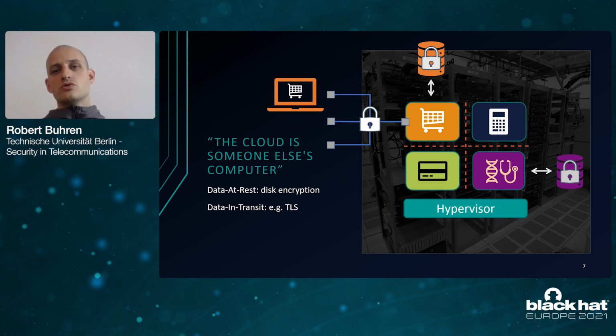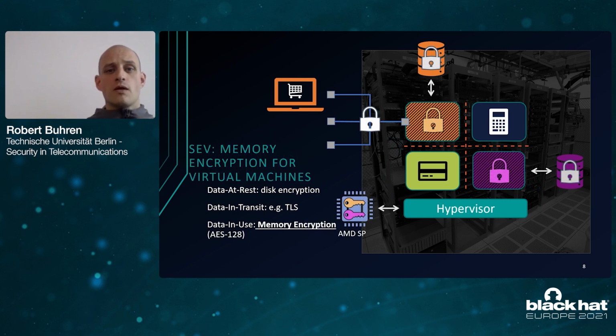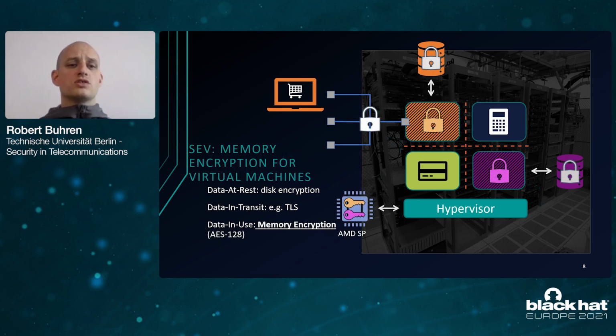You can also use technologies like TLS to protect the data which is transferred over a network. But if you consider the hypervisor as the adversary, the data is unprotected. The data in use, which is residing in the virtual machine's memory, is not protected by anything. So the hypervisor can have direct access to the memory content, including the keys for disk encryption or the TLS connection. Now, the SEV technology tries to solve this problem by adding memory encryption to virtual machines.